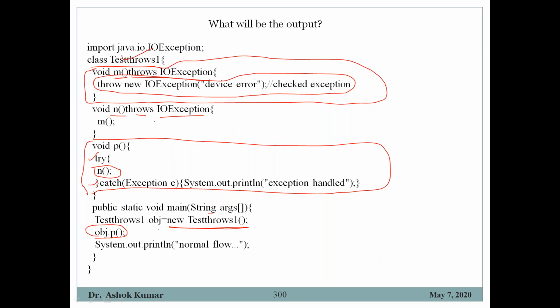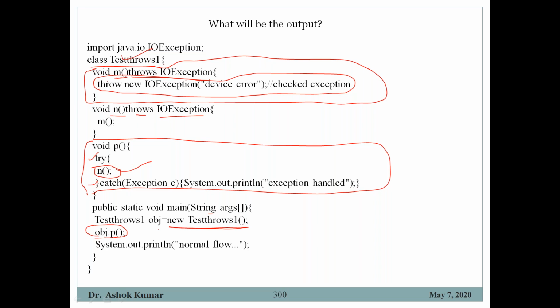So whenever you want to implement a method that can throw the exception, but you don't want to handle it in the method itself, then in a class where you are using that method, where you are calling that method, you have to keep the call of that method in the try catch block. That's why we have kept the call of n in the try catch, because this method throws the exception.